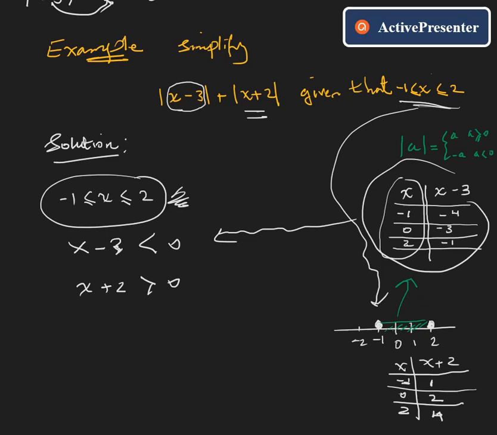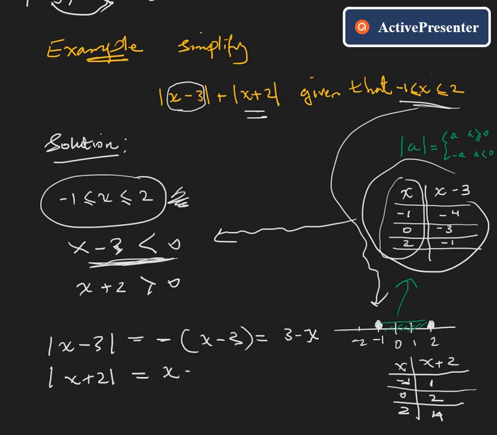So we know by default that the absolute value of a negative number is the opposite. So the absolute value of x minus 3, because it is negative, equals the negative of x minus 3. If we simplify it, it should be 3 minus x. And the absolute value of x plus 2 will remain the same because it is positive, x plus 2.